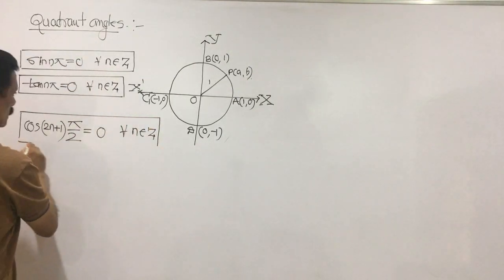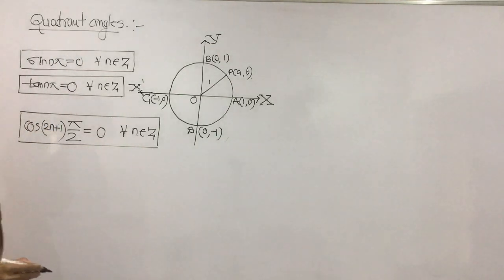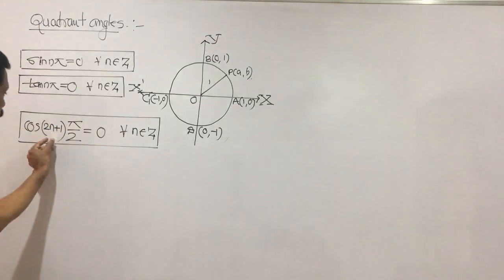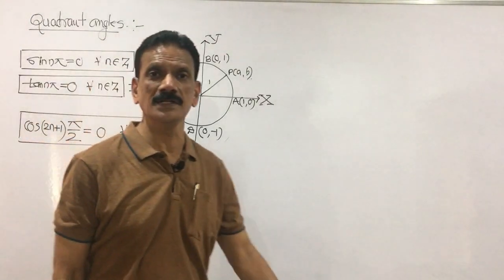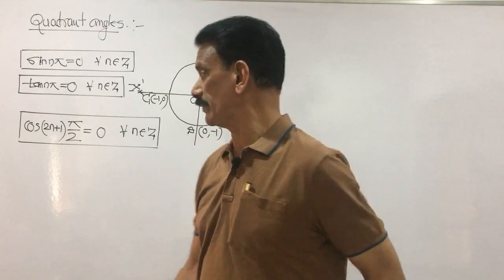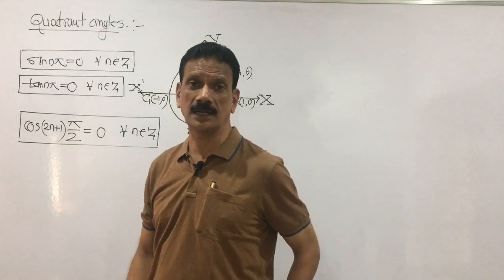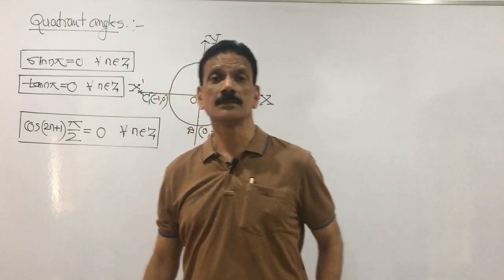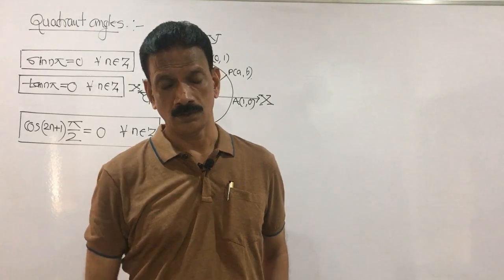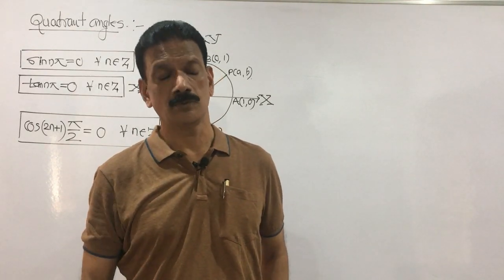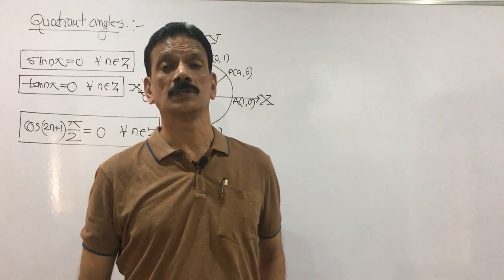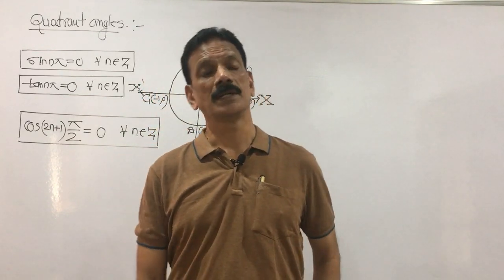Cos (2n plus 1) into pi by 2 is always 0, meaning that 2n plus 1 is always odd. When the quadrant angle pi by 2, that is 90 degrees, is multiplied by an odd number, it is always 0. So remember, cos of pi by 2 is 0, cos of 3 pi by 2 is 0, cos of 5 pi by 2 is 0, cos of minus 7 pi by 2 is 0.